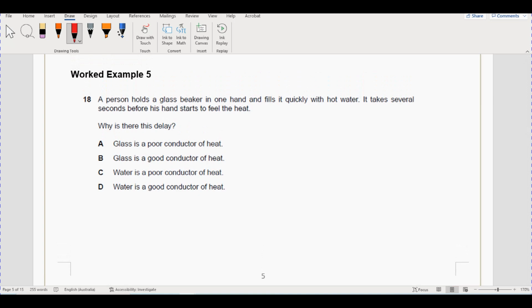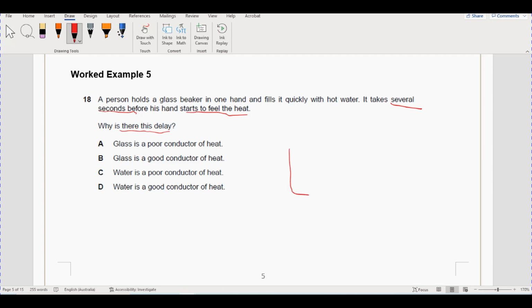A person holds a glass beaker in one hand and fills it quickly with hot water. It takes several seconds before his hand starts to feel the heat. Okay, why is there this delay? There's a delay of several seconds before his hand starts to feel the heat.